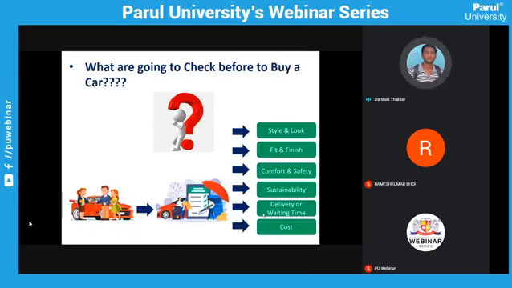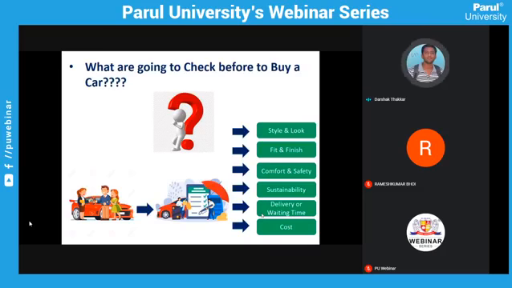Suppose we take one example. What are you going to check before buying a new car, right? Whenever you go for buying a new car in a mall, what will you check? Style and look, fit and finish, comfort and safety, sustainability of the vehicle, delivery or waiting time, and definitely the cost, right?